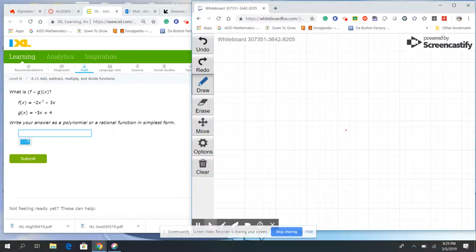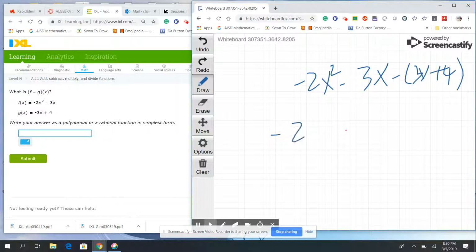So you have negative 2x squared minus 3x, and then minus 3x plus 4. So think about the minus, right? So you're going to write negative 2x squared minus 3x minus 3x minus 4, right? Oh no, this is a negative, sorry.